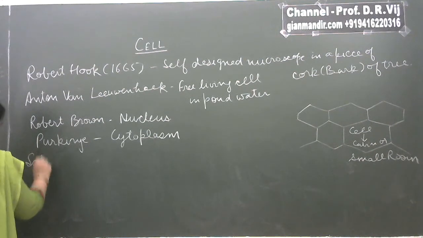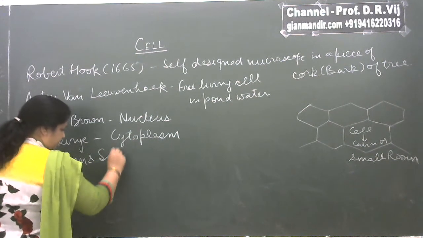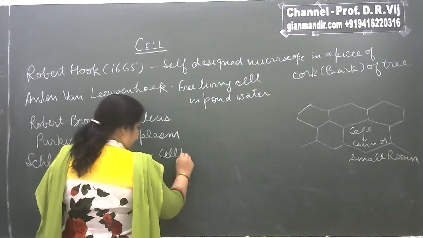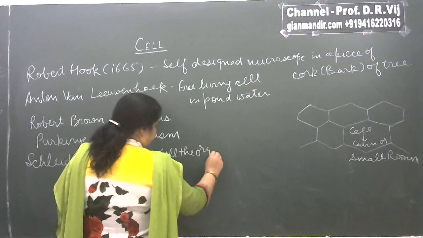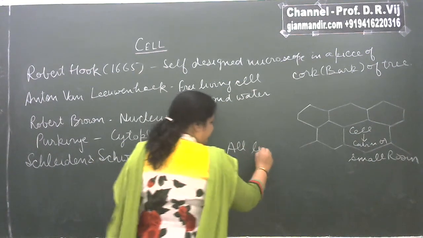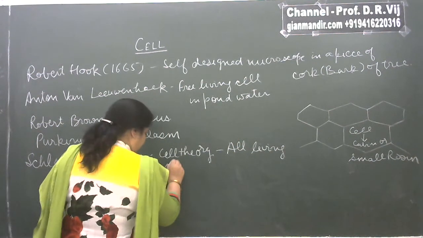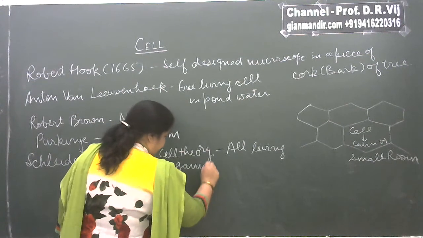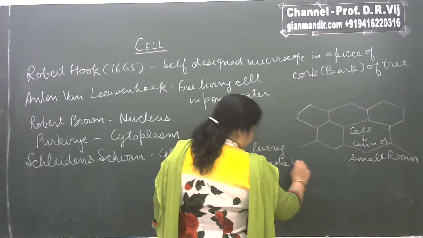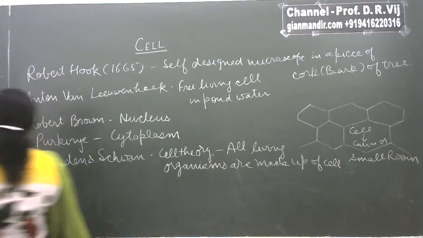Then there are Schleiden and Schwann, who gave the cell theory, according to which all living organisms are made up of cells.